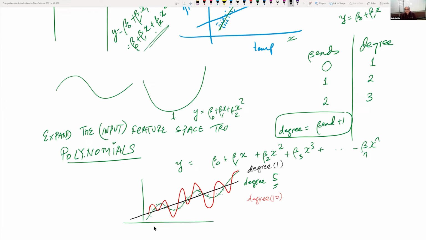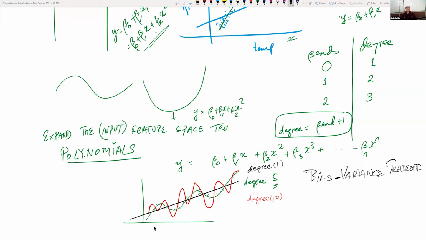So this is an example of something called a bias variance trade-off. Fancy name, a bias variance trade-off. What happens is, when you create a model that is too inflexible, you will have systemic bias errors.